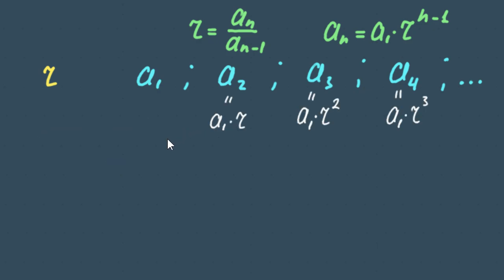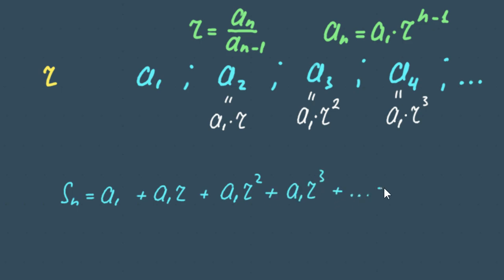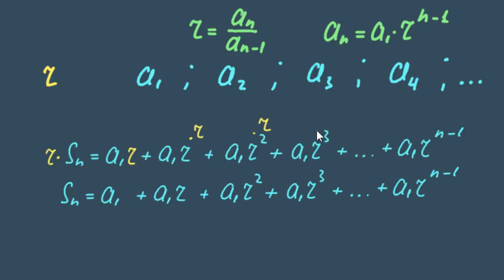Now I will write down the sum of the first n terms of the geometric progression. This is the nth term of the geometric progression. Now I will multiply each term of this equality by r. And in those elements where r is present in some power, the power of r will increase by 1.